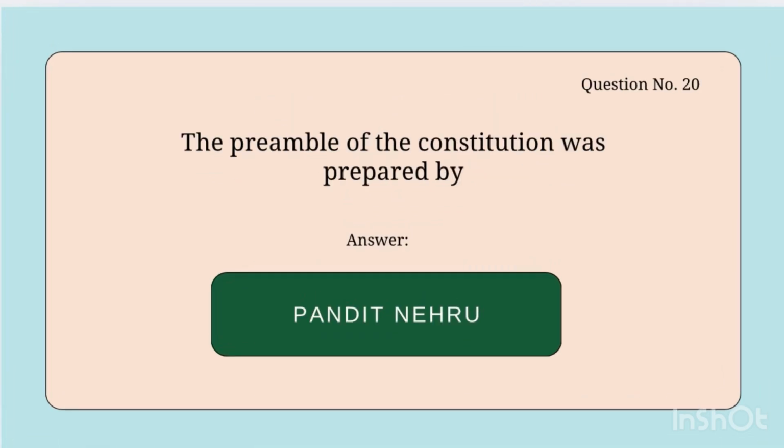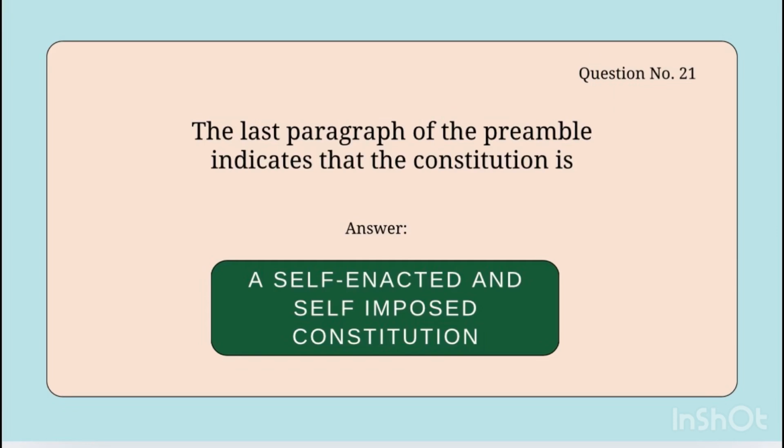Next question, the preamble of the Constitution was prepared by Pandit Nehru. Next question, the last paragraph of the preamble indicates that the Constitution is a self-enacted and self-imposed constitution.